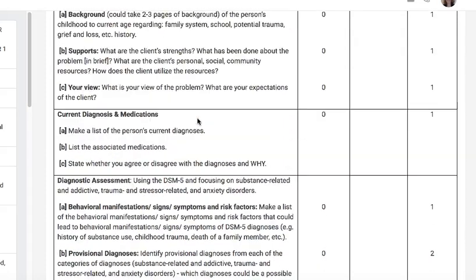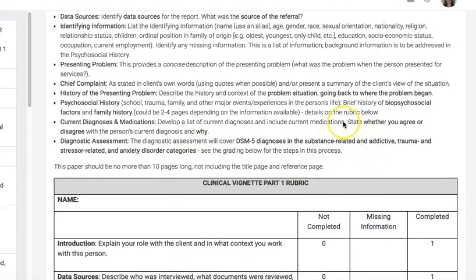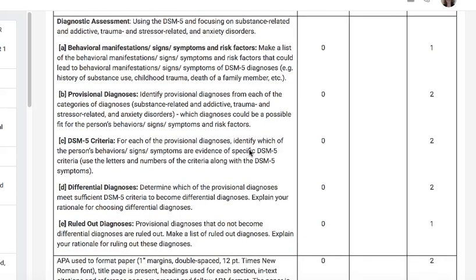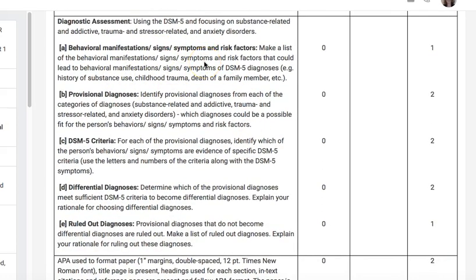And then from the list of all of these substances, of all the trauma and stressor related, of all of the anxiety disorders, you will look at these symptoms and say, you know what, I'm kind of leaning in the direction of, well, they have trauma in their history. I'm thinking they might have a trauma diagnosis. So then you go to the DSM and you look at what the categories are and you say, well, they're an adult, not a child, so that rules out a couple of trauma diagnoses.